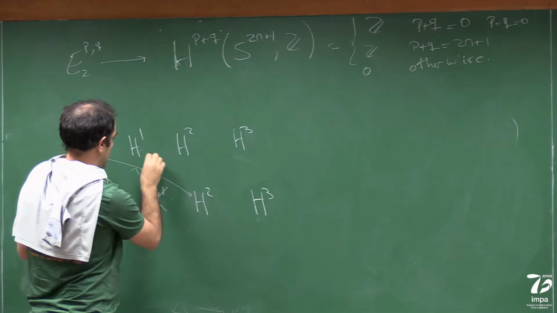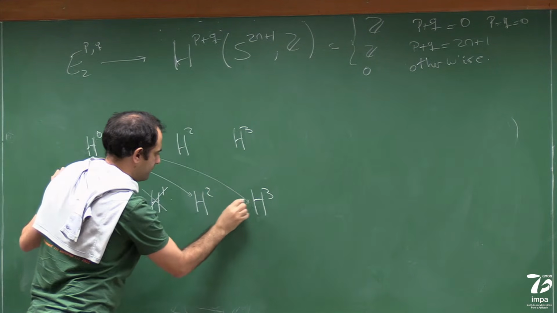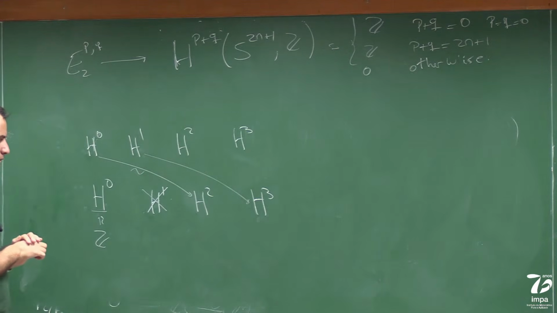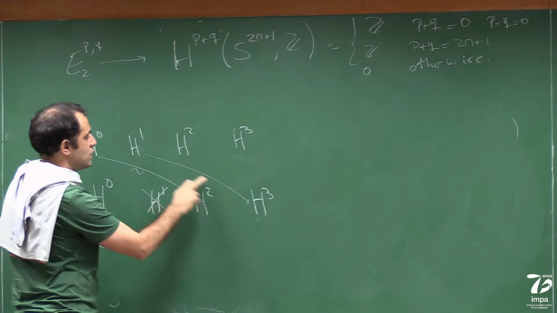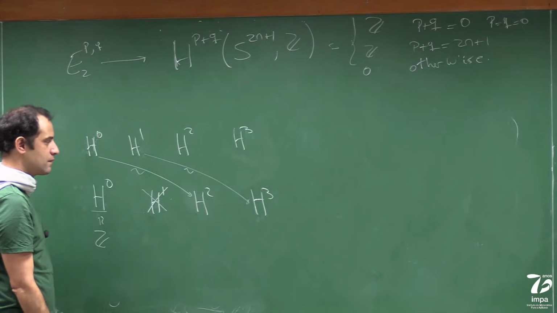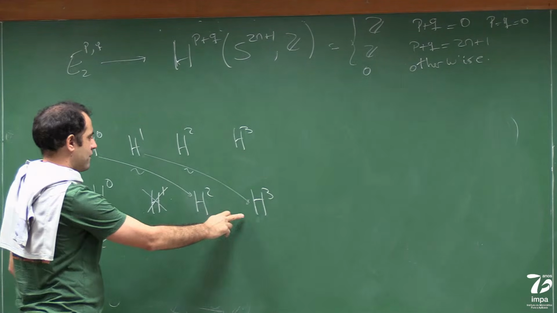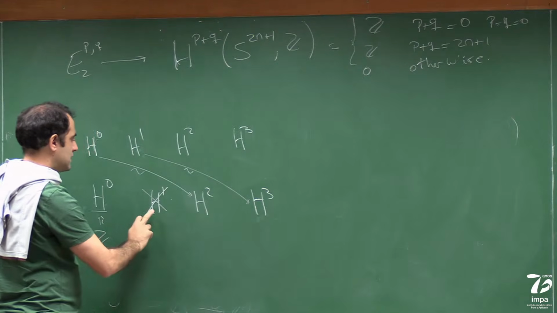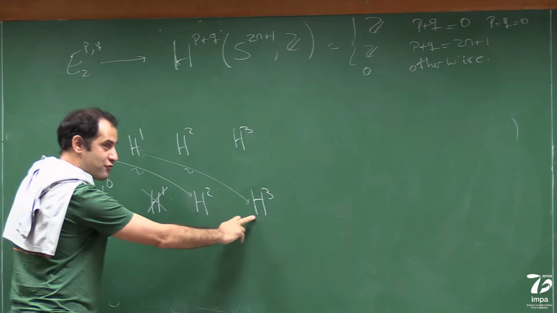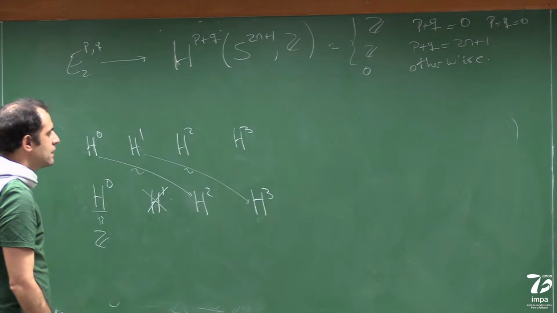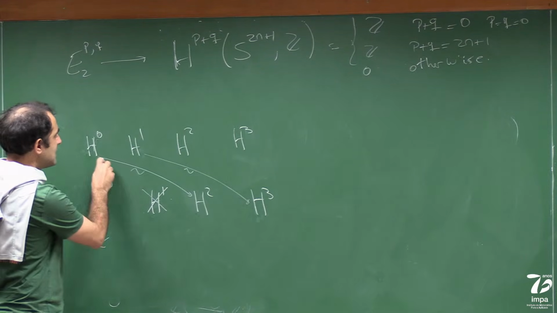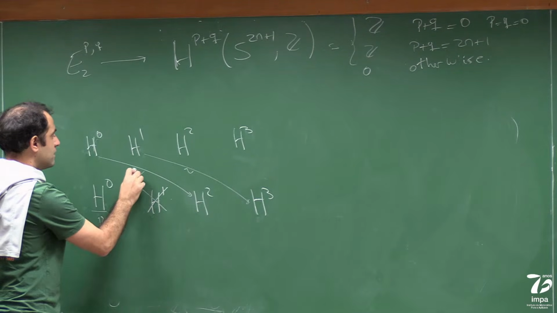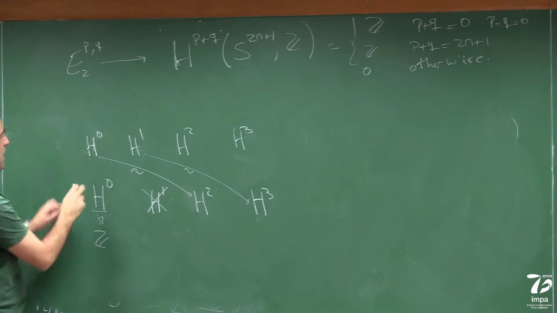Now, let's look at the next one, which is this map here. I claim that the same argument here we're going to use to make this into an isomorphism. So this is 0, 1, 2, and 3. I need to be careful about the degrees of these guys. Since this is an isomorphism, let's look at H0.